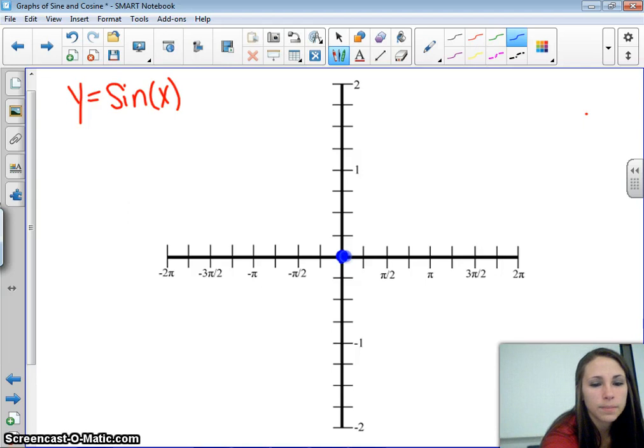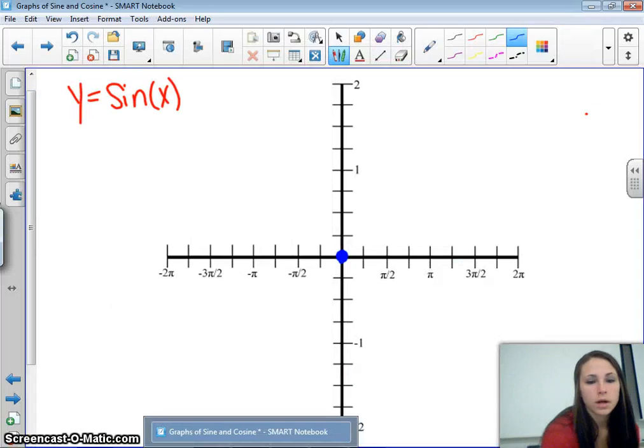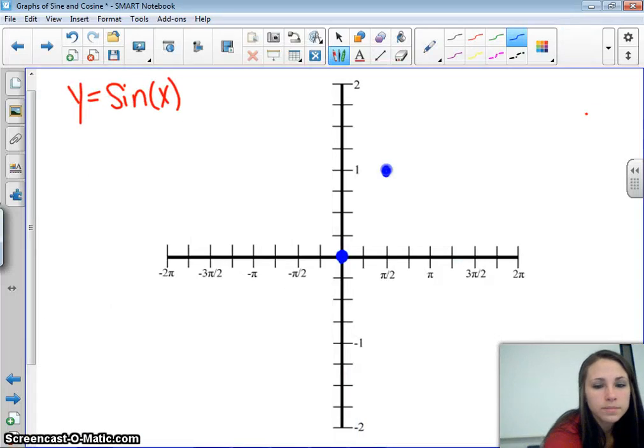There's my first point. Now I'm going to go out to pi over 2 and see where that's going to go. I'm going to look at the sine of pi over 2 on my unit circle. Pi over 2 is here, so the sine, or the y of that, is 1. So at pi over 2 I go up to 1.